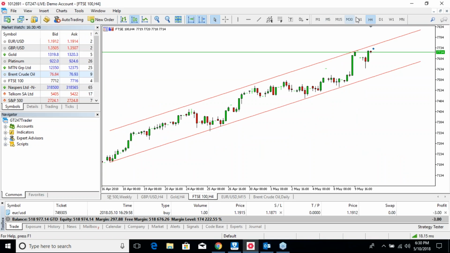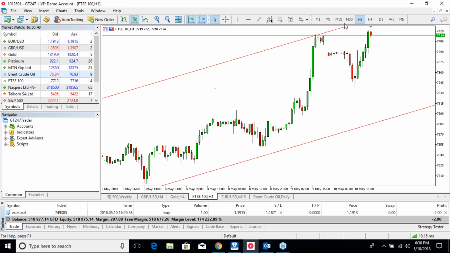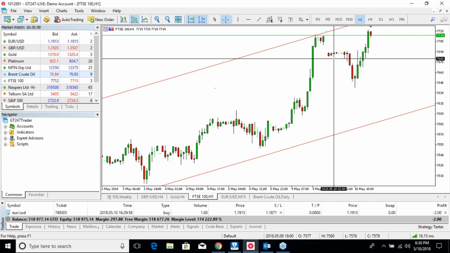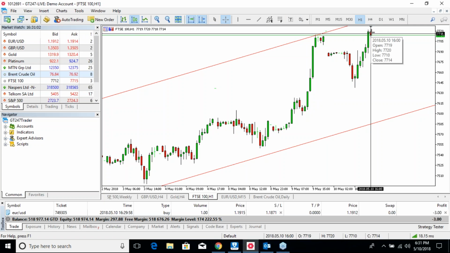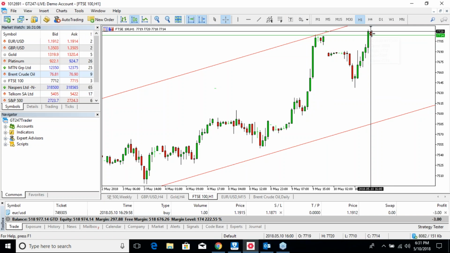Looking at the FTSE as well, zooming in a bit more. As you can see, this indicates the previous high. Right here, this indicates a previous high. It has managed to break above that previous high. However, it seems like the bears in the market don't want it to surpass this amount.